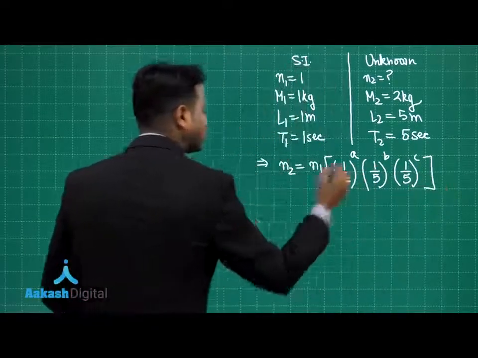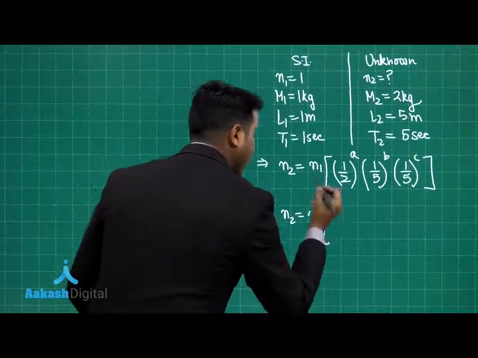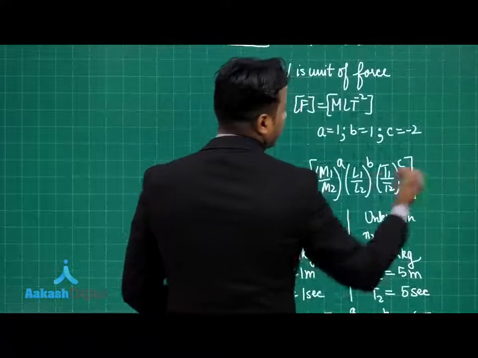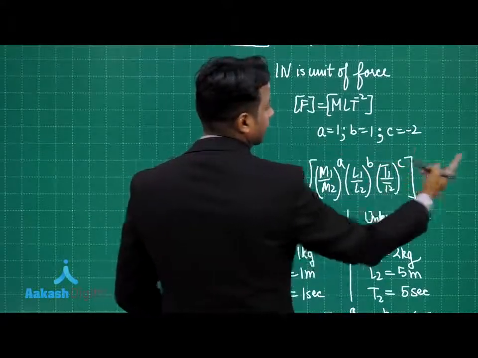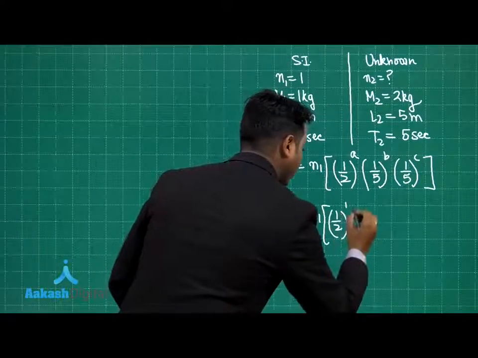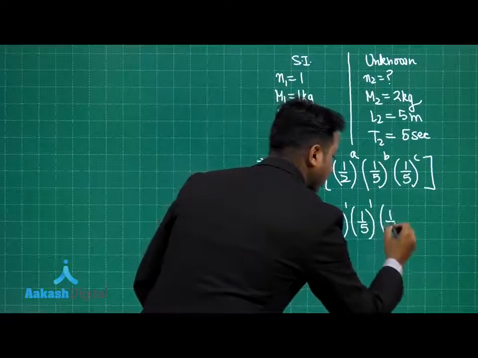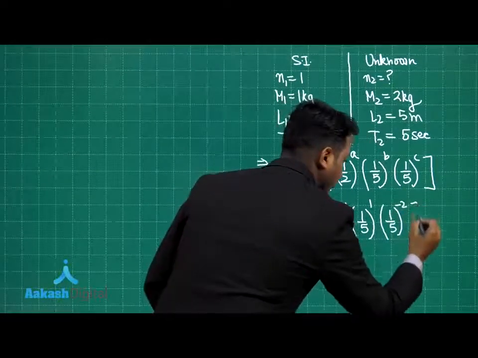Then I can substitute the values of a, b and c. So n2 is n1 times... now tell me, what is the value of a? a is 1, b is 1, c is -2. So this is (1/2)^1, (1/5)^1 and (1/5)^-2.